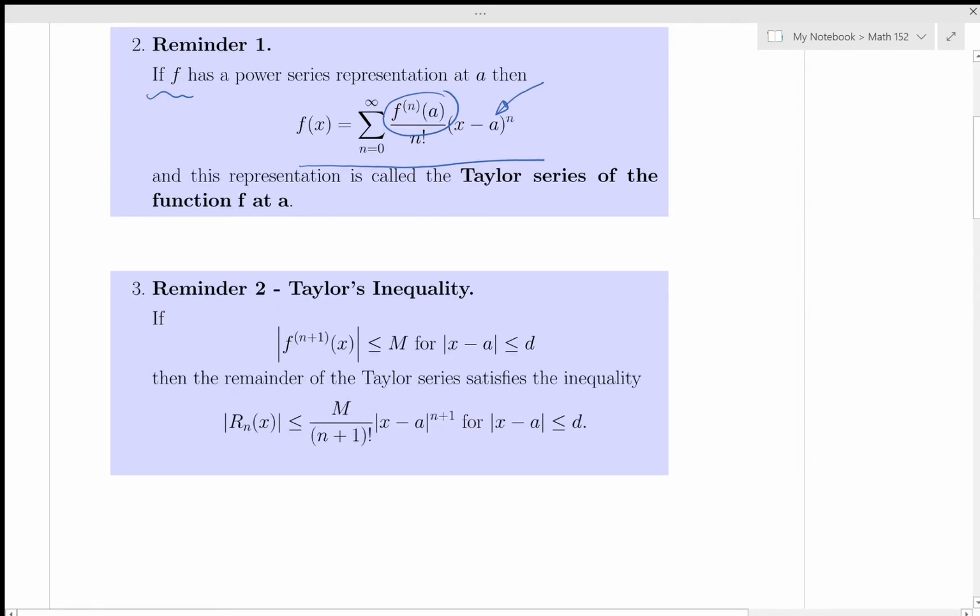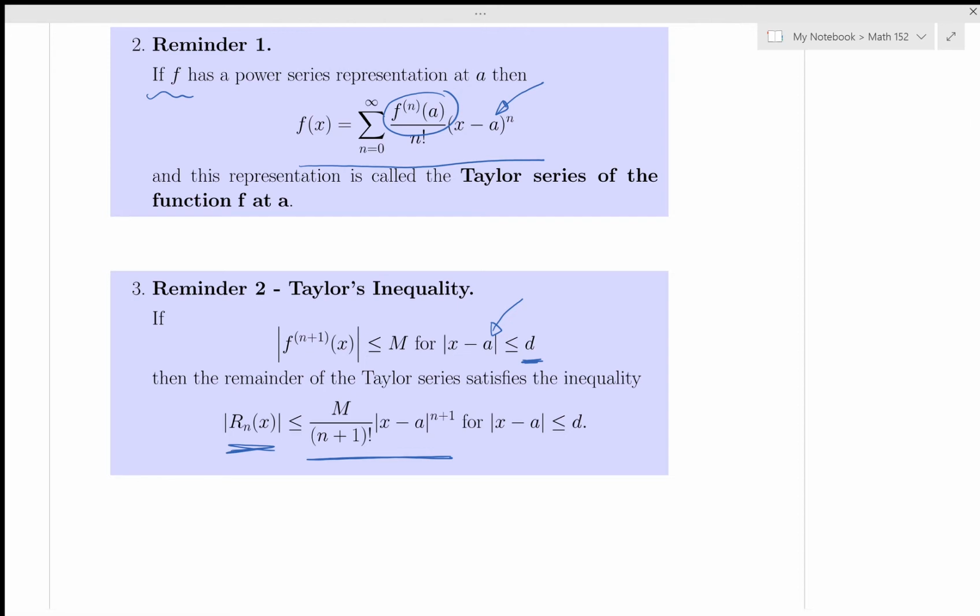The way we do that is we use Taylor's inequality, and we put a bound on the n plus first derivative, and we also observe that we're going to be using the approximation within a distance d from the place where the Taylor series is centered. Under those conditions, the error, the remainder, is bounded above by this expression here. So that allows us to nicely put on a bound.